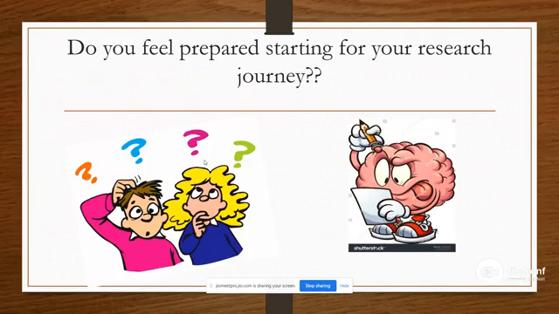So, do you feel prepared for starting your research journey? That was the question which I would like to ask, and which you should ask yourself. I will be talking purely based on my research experience, because I have worked in a state university, and in one of the top management institutes. I have seen both the contrasting cultures.